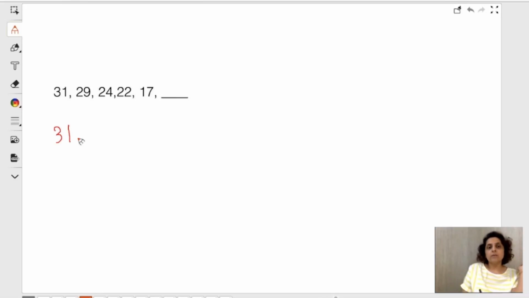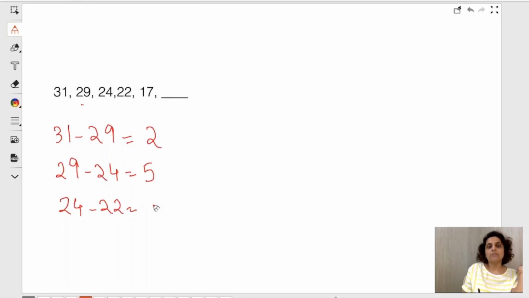Like the first term 31 minus 29, the difference is 2. And then we have 29 and 24. What's the difference between 29 and 24? That is 5. Then we have 24 and 22. So 24 minus 22, the difference would be 2.